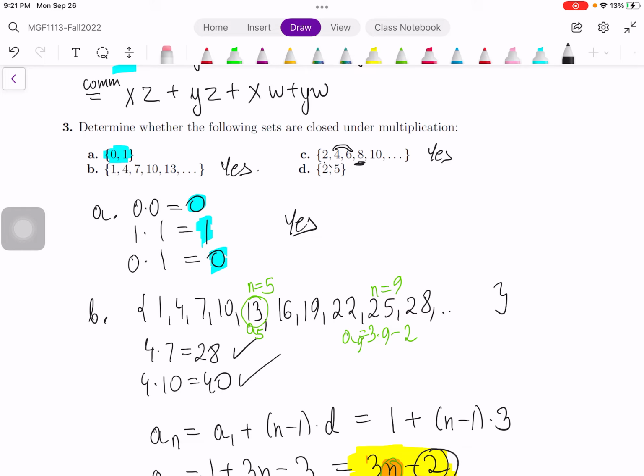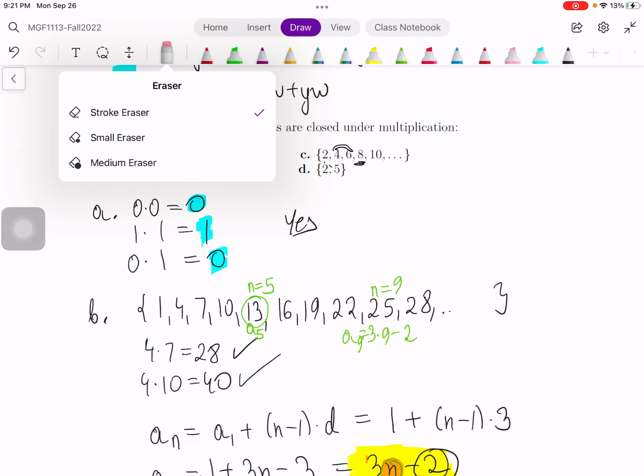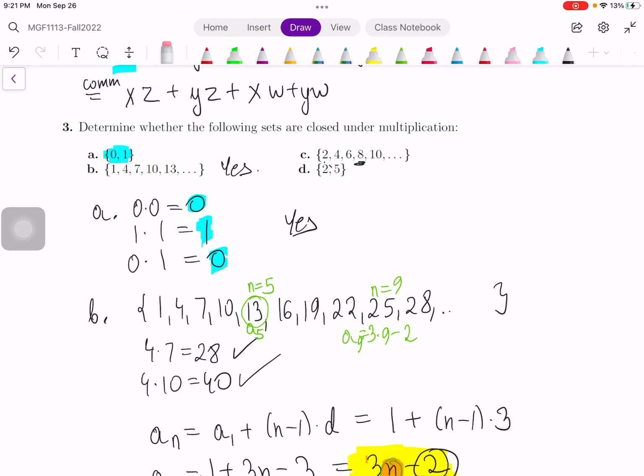So let's see, maybe it's not going to be. So keep multiplying. No, sorry, it's still arithmetic. It's not geometric, you keep adding 2 to move along the terms, so it's an arithmetic sequence.